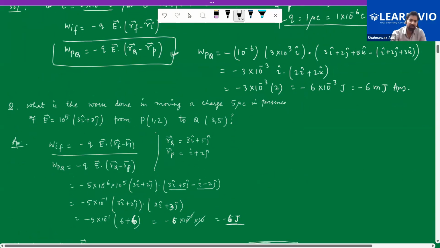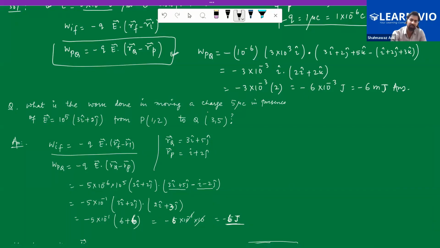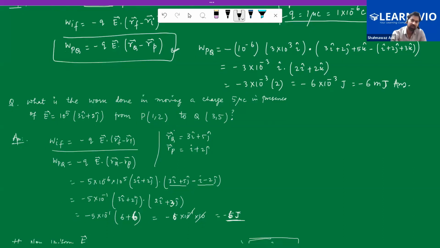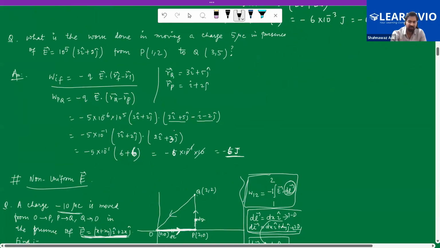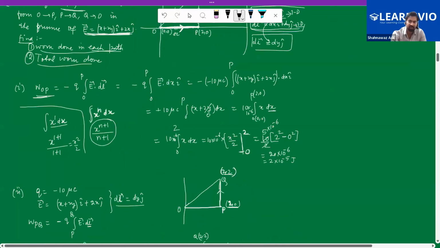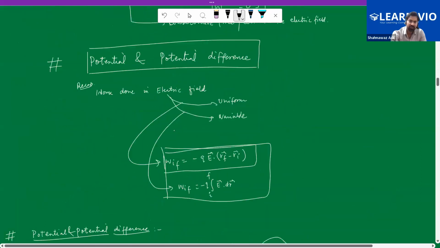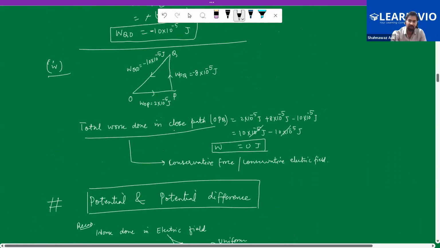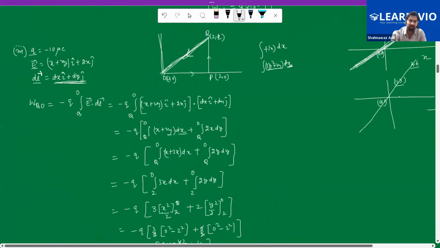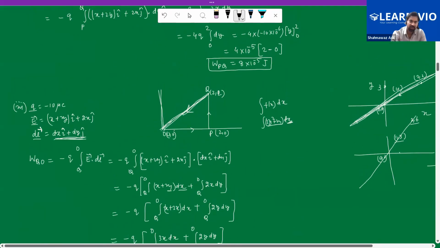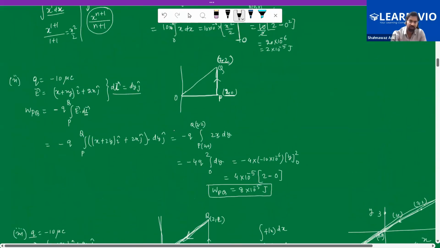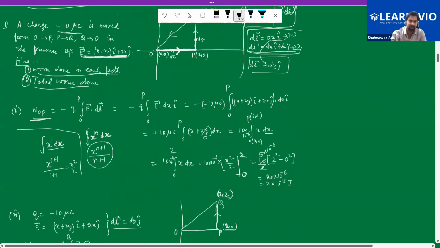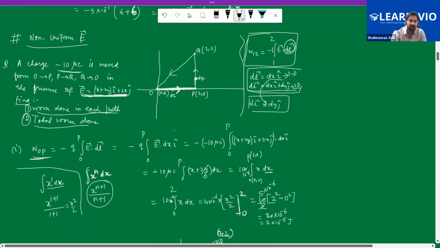Okay, so there is a similar question like this only. And this is also, you have this charge, you have this electric field, again uniform electric field, and this is P to Q. So this I will skip. Now we will do a question which is non-uniform electric field. So where is that? Okay, this one is a little bit difficult.